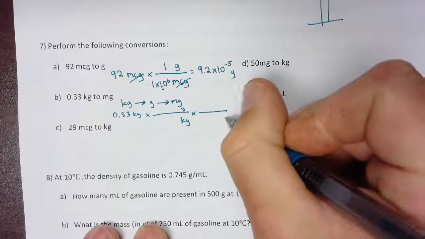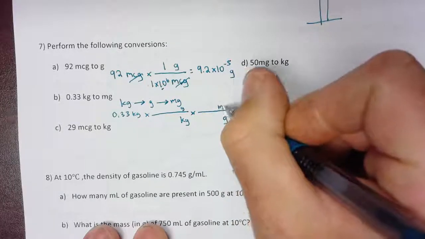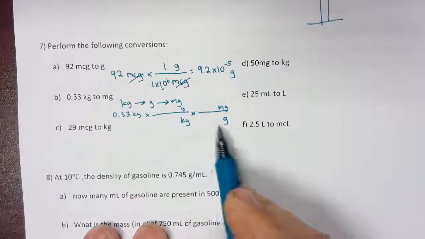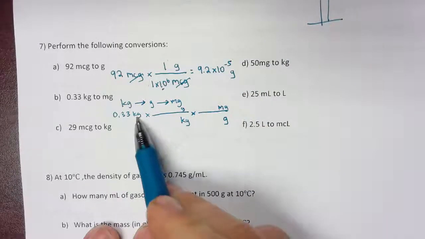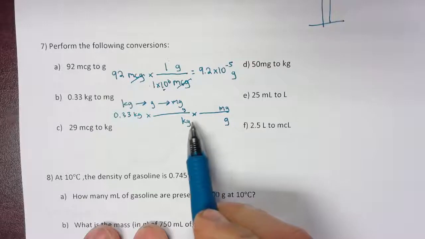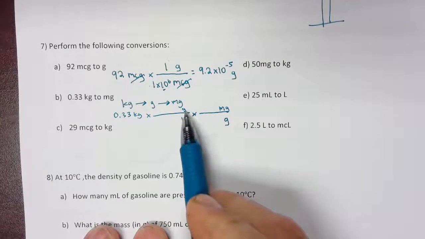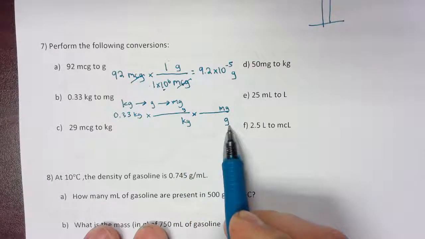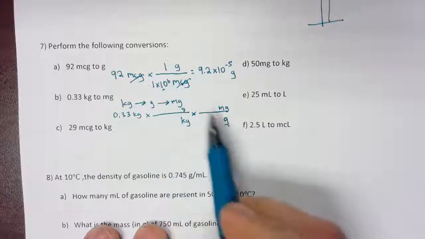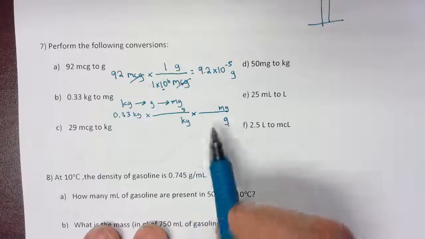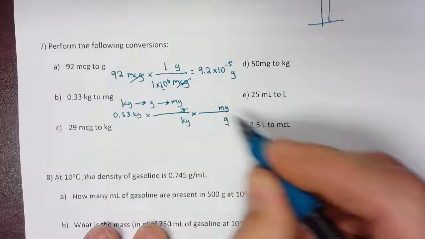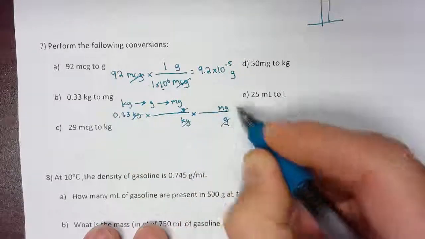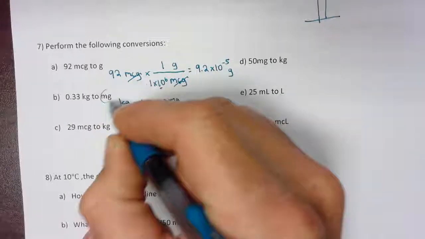I'm going to continue out my units, grams and milligrams. Remember, they're always opposite. Kilograms is here in the numerator, it's here in the denominator of the next fraction. Grams is here, so grams must also be here. So before you even put any numbers in there, just go ahead and fill out your units. Make sure that you've canceled everything out and that what's left is what you're interested in.